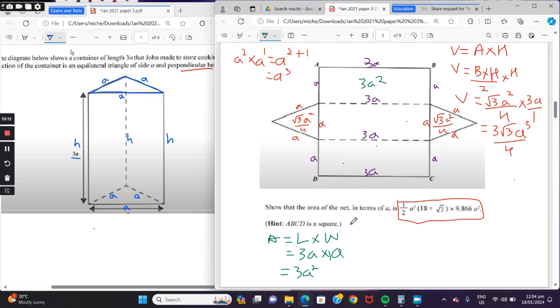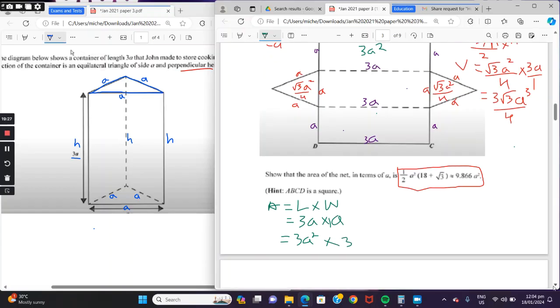Wait, hold on. It is A squared. Sorry, my bad. Since this is the area of one, we could take the area of one and multiply by 3 to get the area of all three. So 3 by 3 is 9. And A squared by no other letter is A squared.